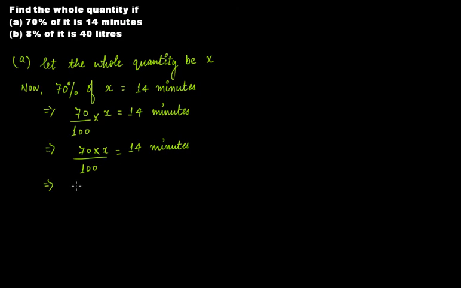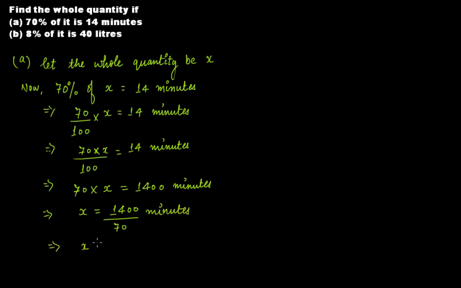Cross product, so 70 times X is equal to 1400 minutes. This gives you X is 1400 over 70 minutes, and this becomes X is equal to 20 minutes. So the whole quantity that has been asked here is X, 20 minutes.